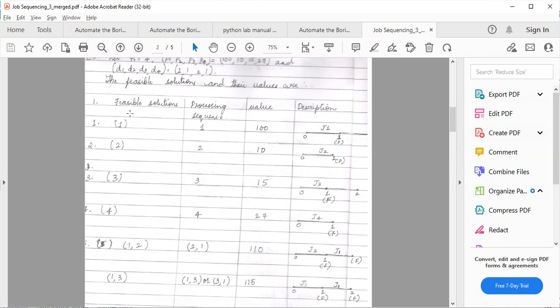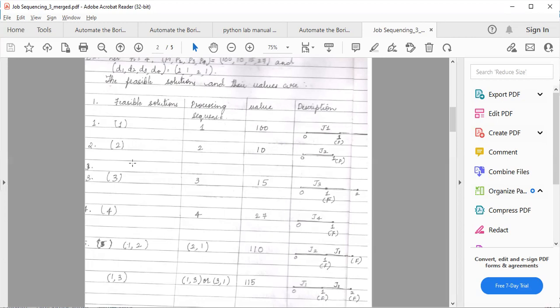Since this is a subset problem, we can consider 4 as the number of elements. So the subsets we can consider are 1, 2, 3, 4. Then you can consider 1, 2, 1, 3, 1, 4. Then 1, 2, 3. Then 2, 3, 4, etc.